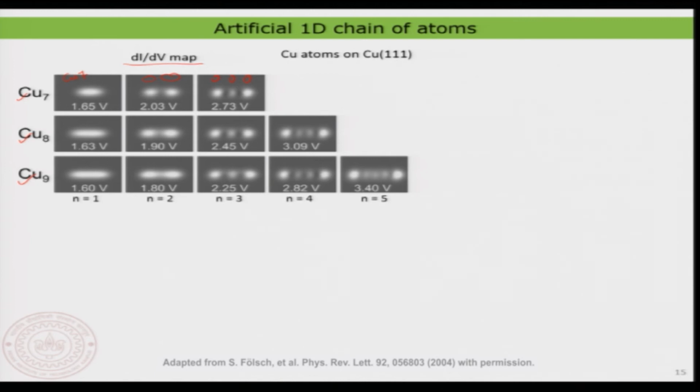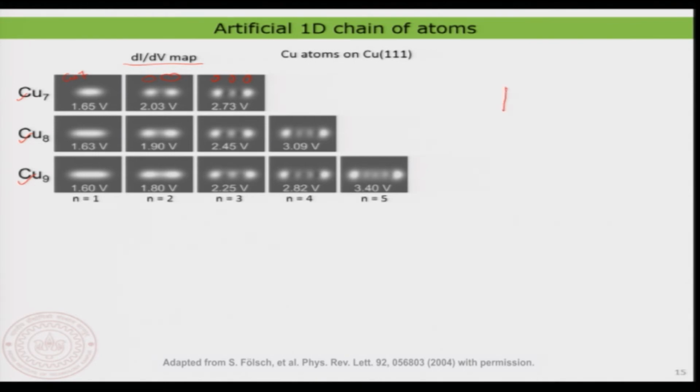Because you have looked at the copper chain, where I would expect to see a long chain independent of the voltage. Wait a minute, what we are seeing is nothing but the different electronic levels of the copper atom itself. So, this is what I told you.